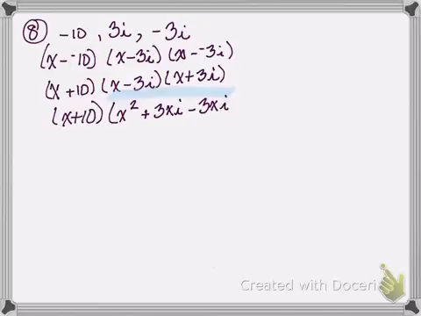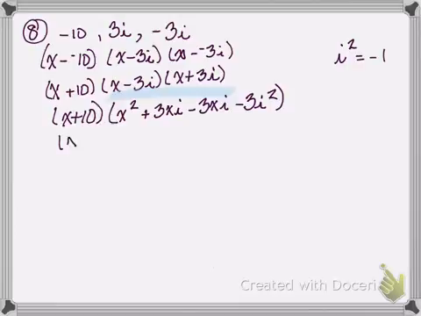And exactly what we want to happen is happening there. We are canceling those two middle terms out. Then my last term is negative 3i times positive 3i. That gives me negative 3i squared. And don't forget, i squared is equal to negative 1.